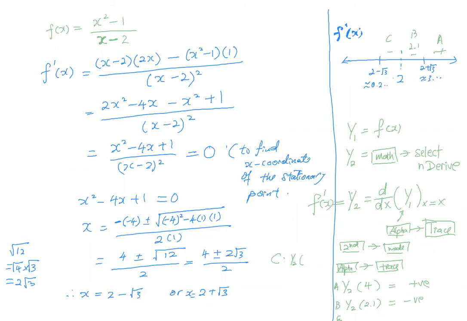You get the value positive, negative, right? Then for region D, you key in y2, you can key in 0, then you get positive again. So all these you can use your graphic calculator to help you do.